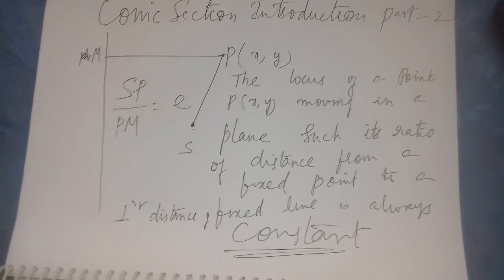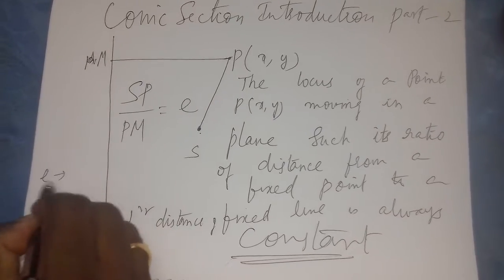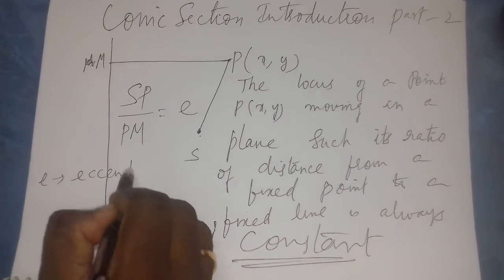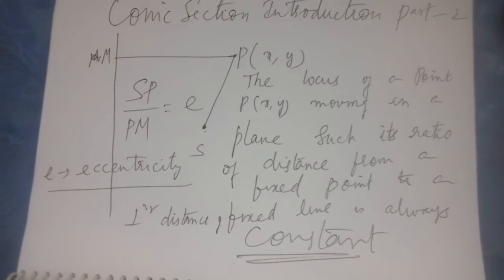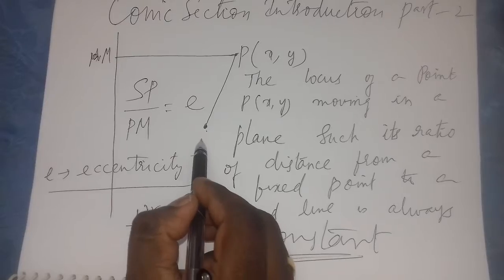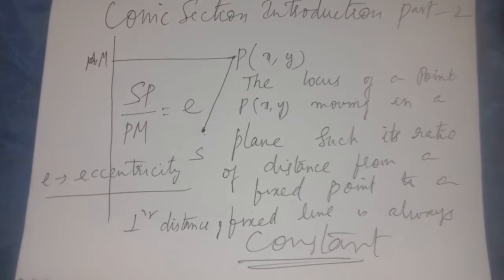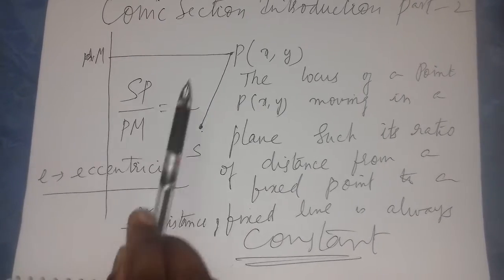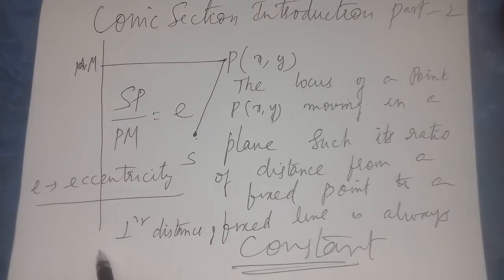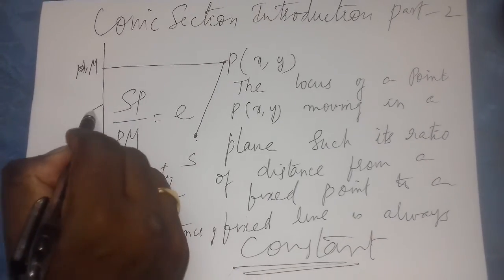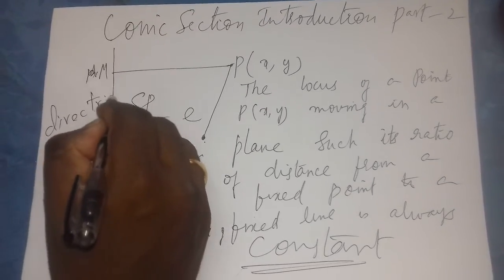So that constant is represented by E, where E is called the eccentricity, right? So S is called the focus. This point S is the focus and it's a fixed point, and you have PM, which is the perpendicular distance of point P to the fixed line M. This fixed line is called directrix.